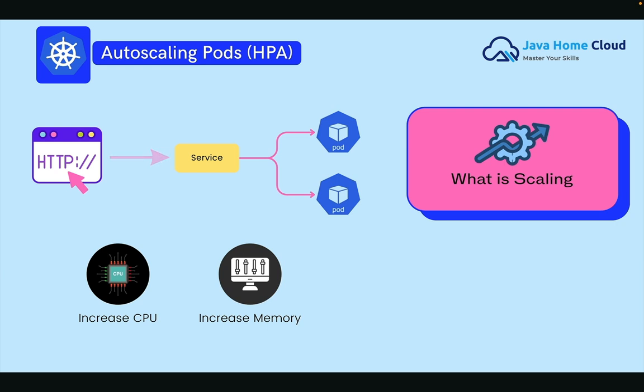That is also fine. The first one is called vertical scaling, where the number of pods remains the same and we increase CPU and memory for those pods. Coming to horizontal scaling, we add more pods to capture the additional traffic coming to this application.